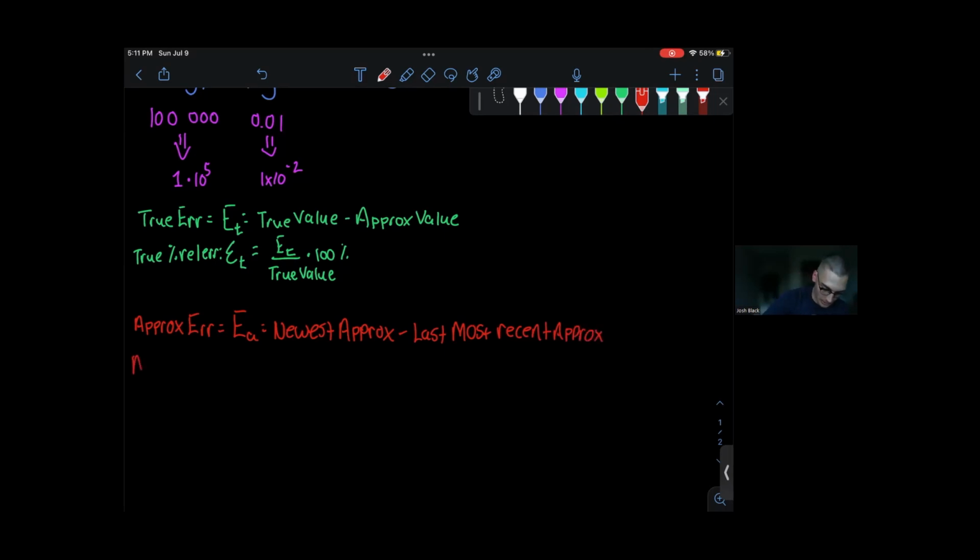And there is also an approximate percent relative error, epsilon A, and that's just our approximate error divided by our newest approximation multiplied by 100%.